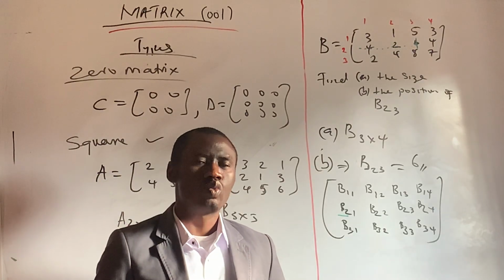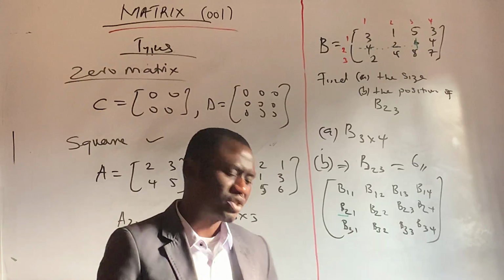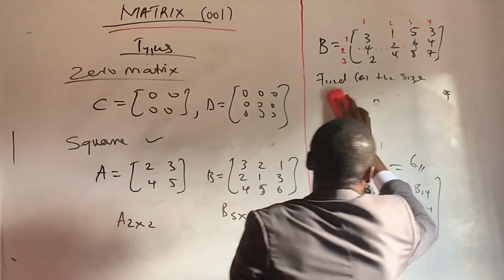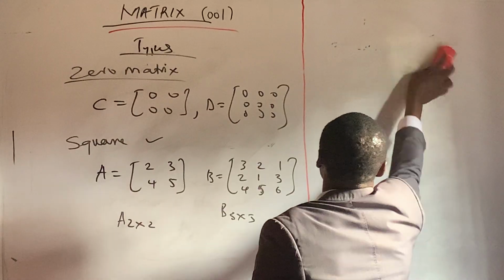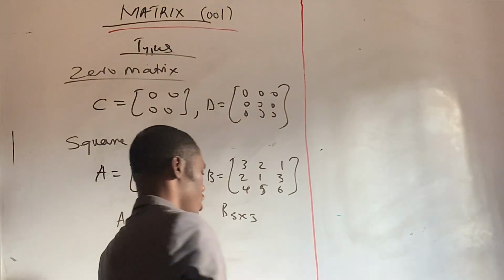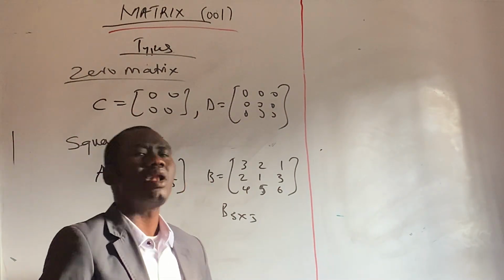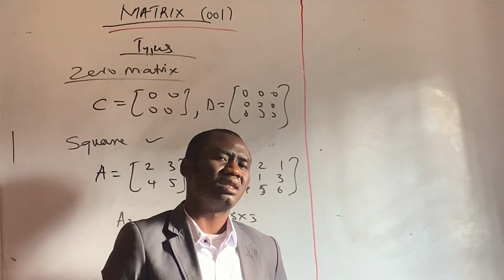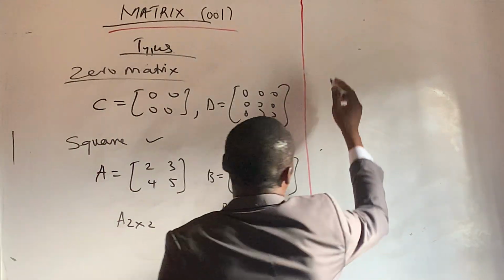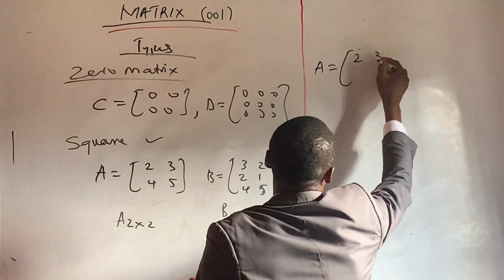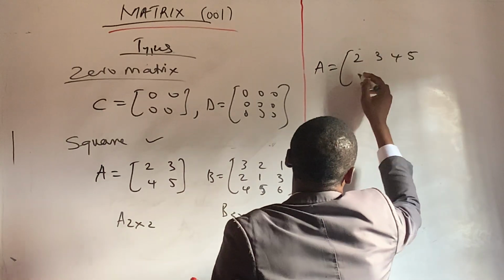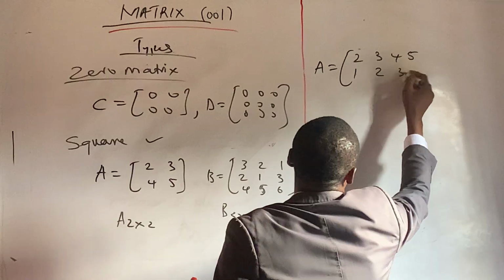Then we have the next one, the non-square matrix. For a non-square matrix, the row and the column are not the same. For instance, we can have A is matrix 2, 3, 4, 5, 1, 2, 3, 4.